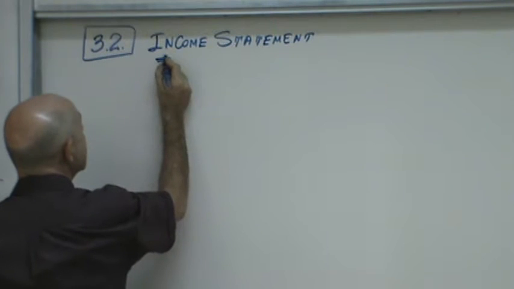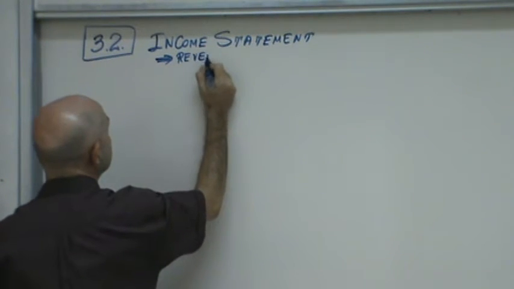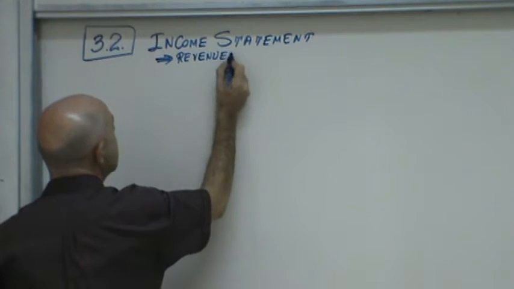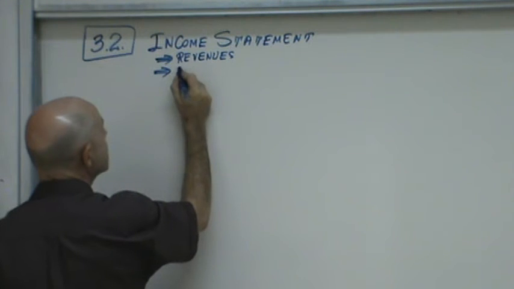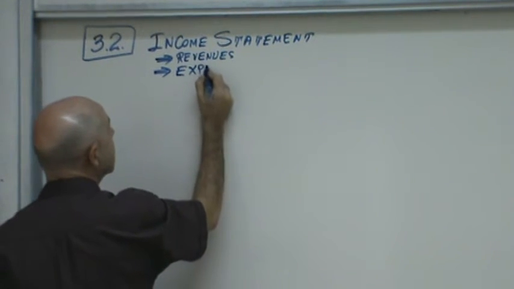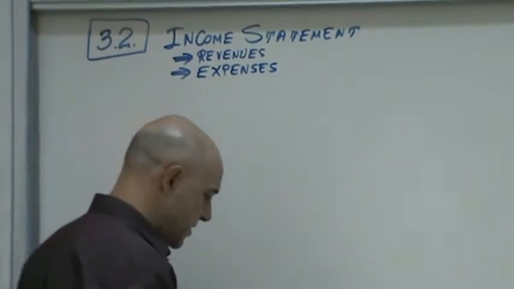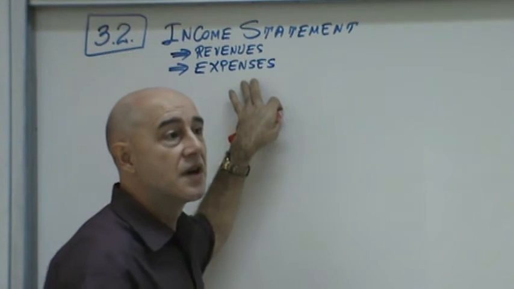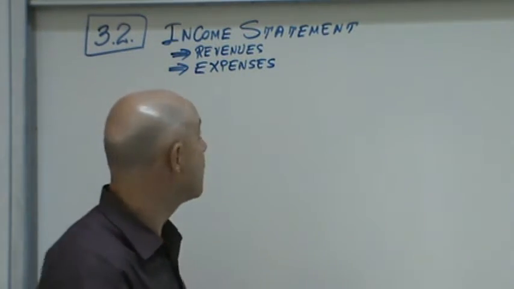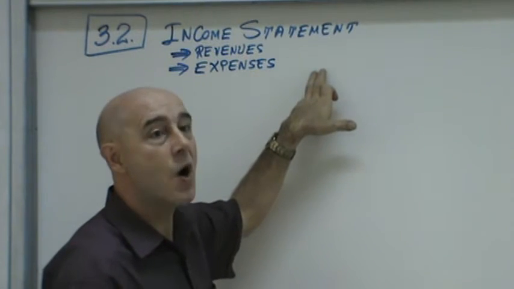You get the revenues. It basically has 2 major parts, revenues and expenses. It's usually very confusing for students in general, even for professionals, to make the difference between an expense and a cost.